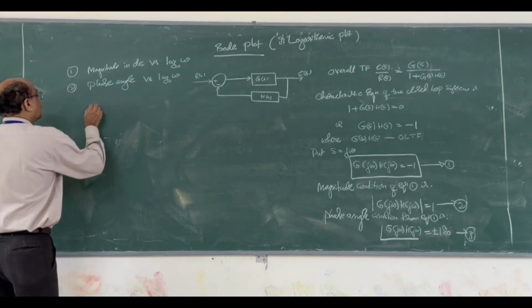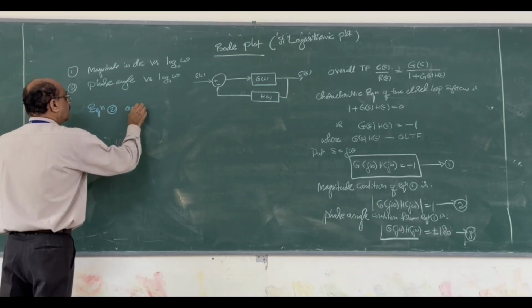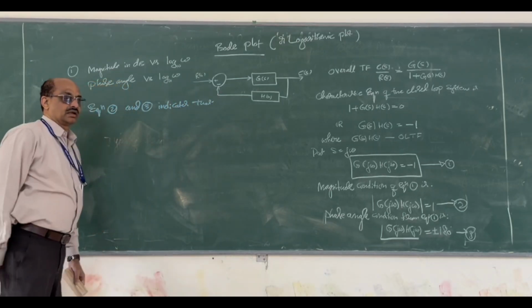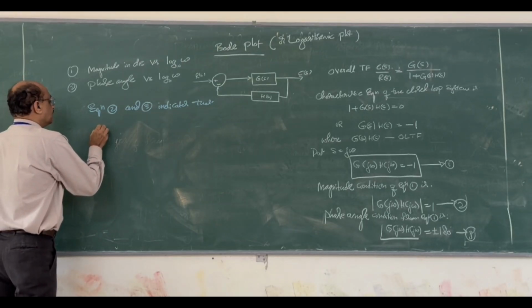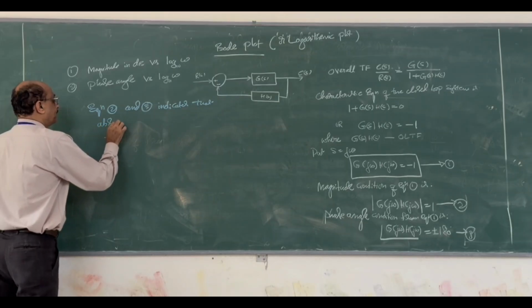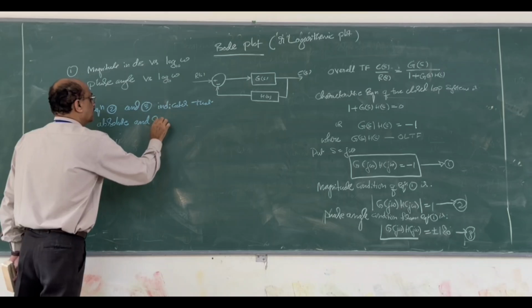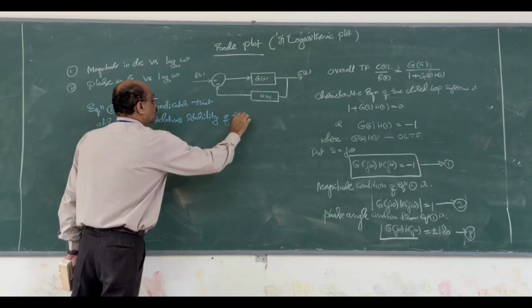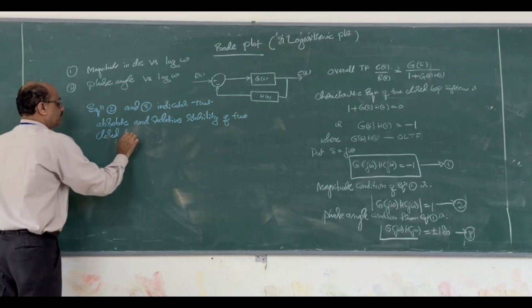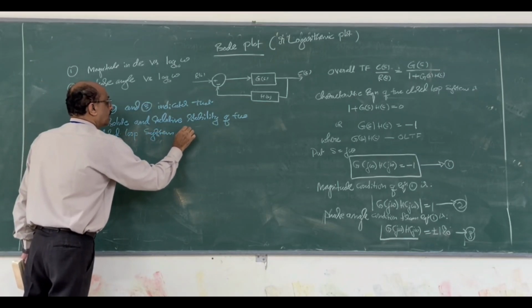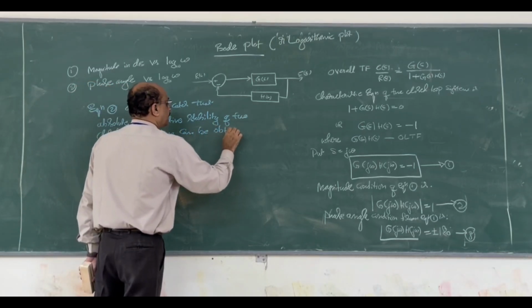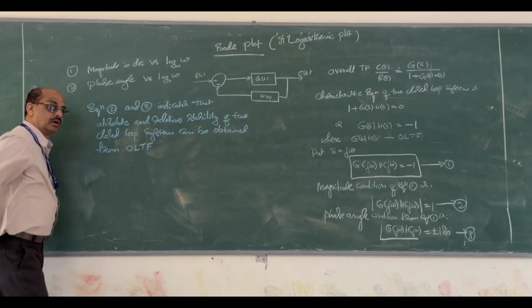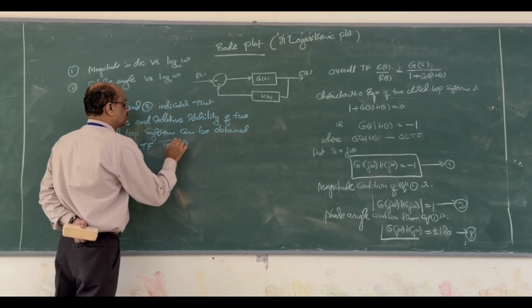Equations 2 and 3 indicate that the absolute and relative stability of the closed loop system can be obtained from the open loop transfer function G(j omega)H(j omega).